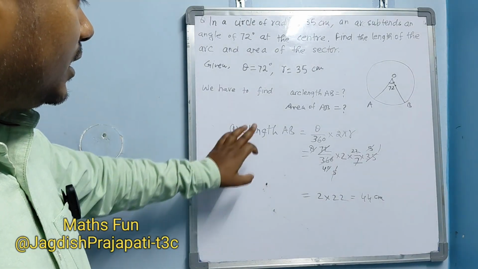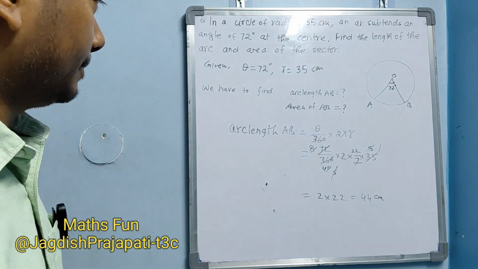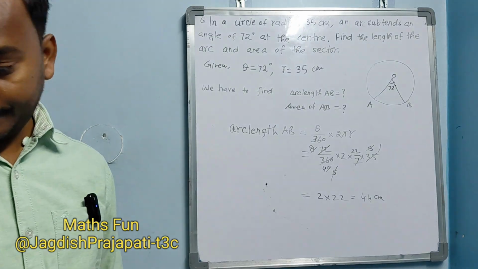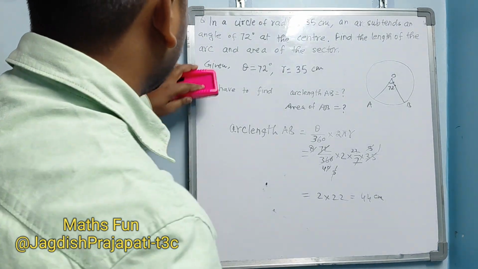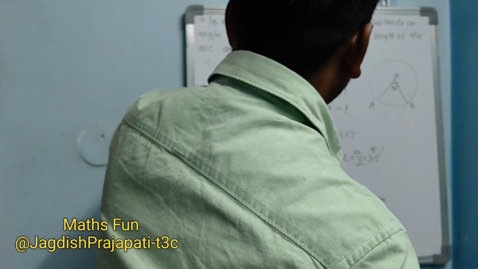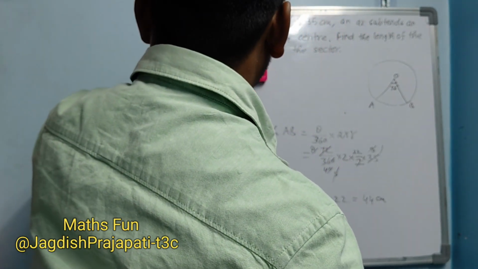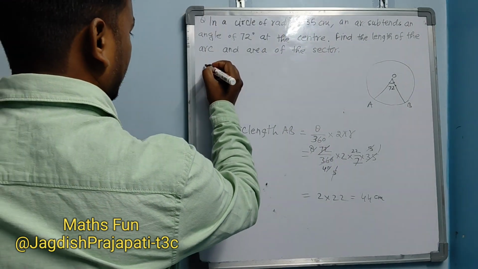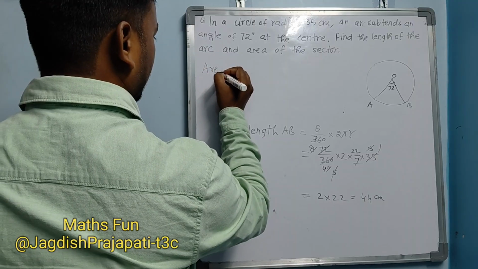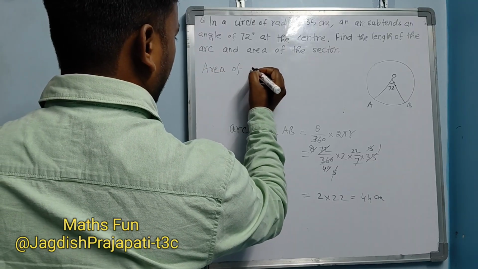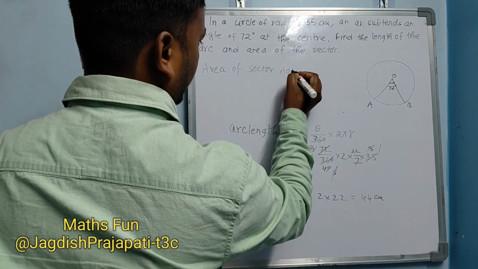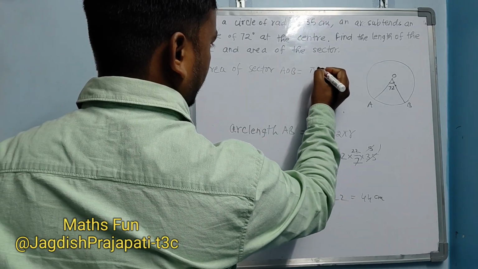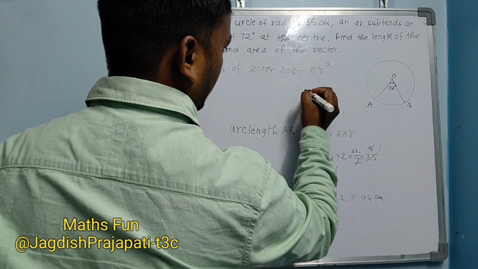Now we have to find out the area. Area of sector AOB is pi r square.